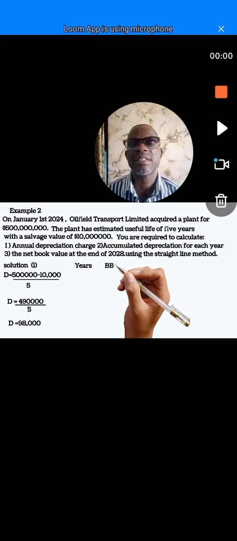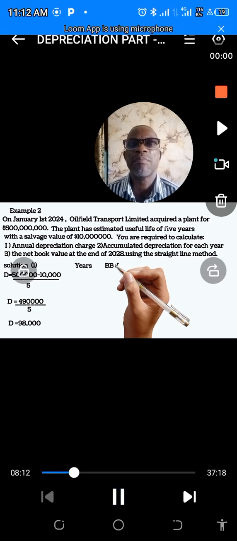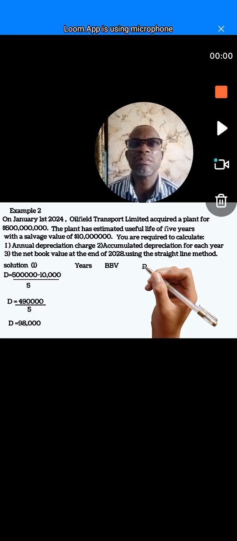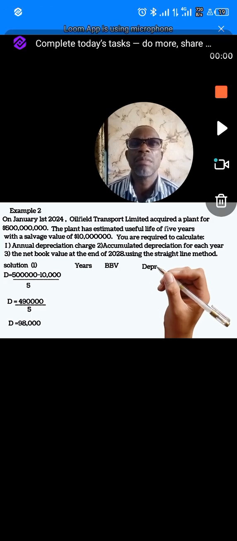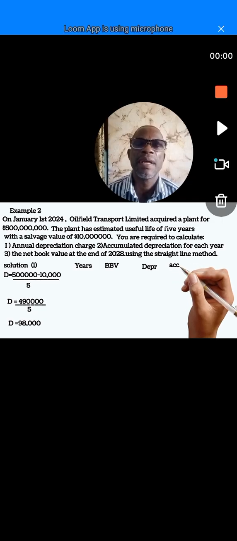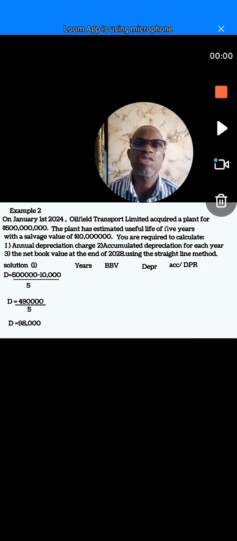Now what we are going to do next is to do what is called the non-current asset schedule. We'll talk about the year, the beginning book value, then the depreciation, then the accumulated depreciation for each year, and the last column there is the closing book value.